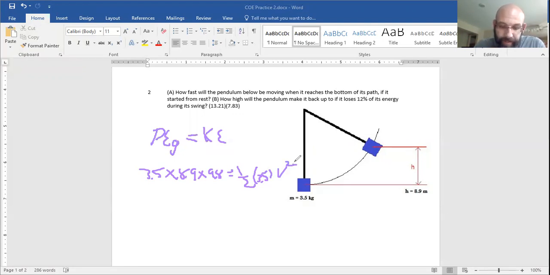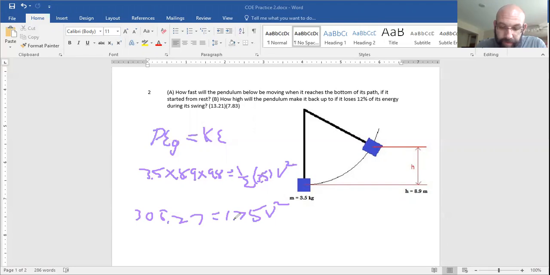On the left-hand side, 3.5 times 9.8 times 8.9 is 305.27. And on the other side, we have 3.5 cut in half, that's 1.75 v squared.